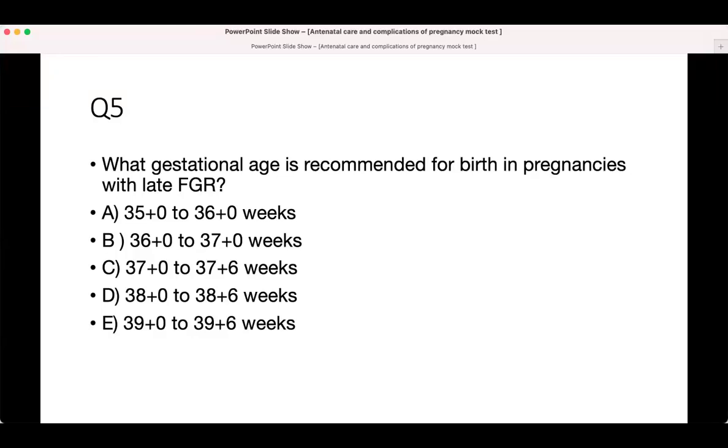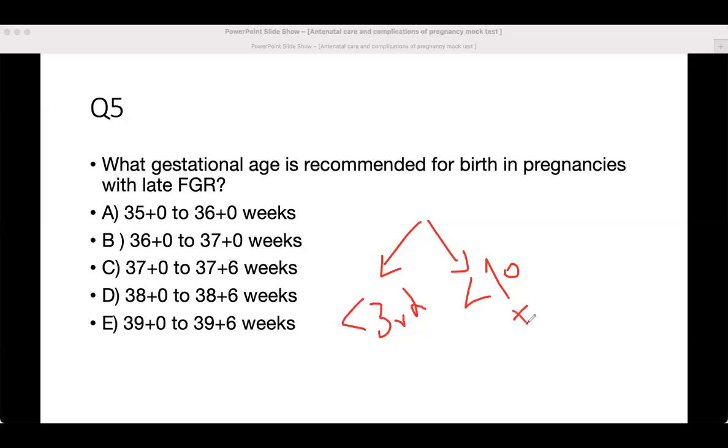And fetal growth restriction, my dear friends, remember, from the definition, it's either a baby less than the third centile, or the baby is less than the 10th with abnormal Doppler, right? So if the baby is diagnosed as late FGR, then I will have to consider delivery between 37 and 37 plus 6.